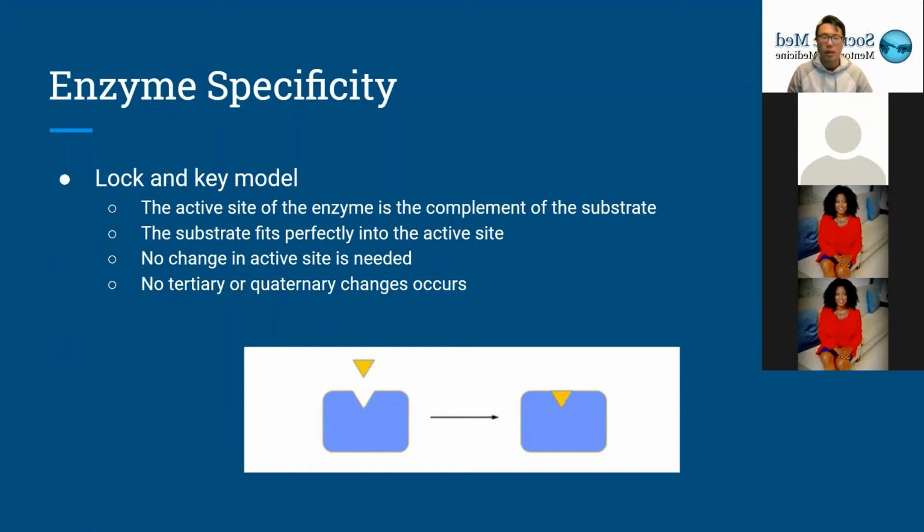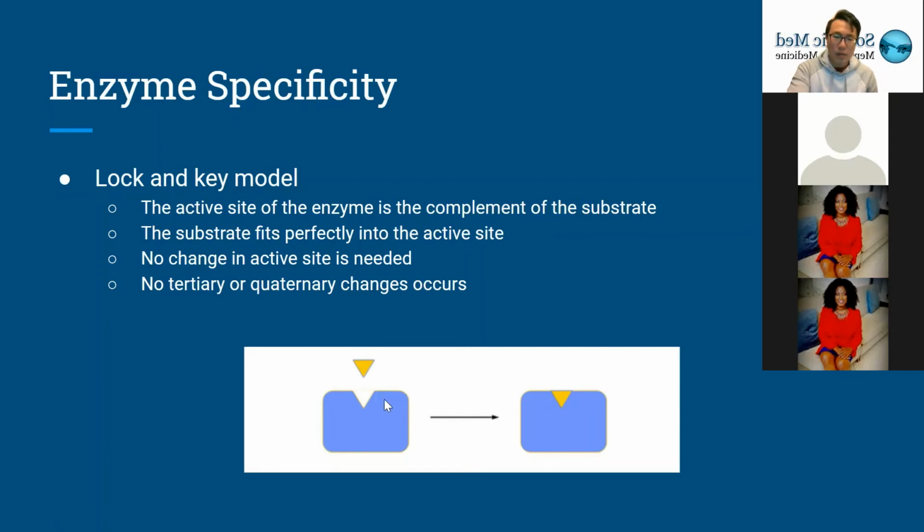So the first model of enzyme specificity is called the lock and key model. This is an older model where the active site is the complement of the substrate. So the substrate fits perfectly into the active site. No changes needed.